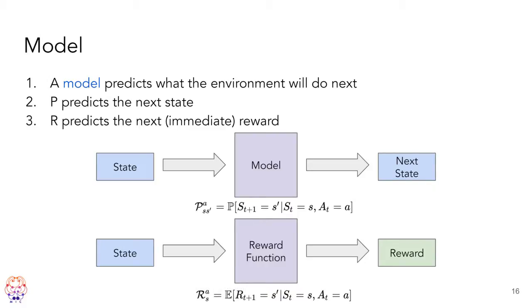And these two things are usually, by definition, in the environment, because the environment knows what will happen next. And then based on that, we can give the next state and the next reward to the agent. But also, it would be beneficial if we could model these things within the agent, so then the agent can plan itself, like it could simulate what trajectories to go in order to maximize its reward.